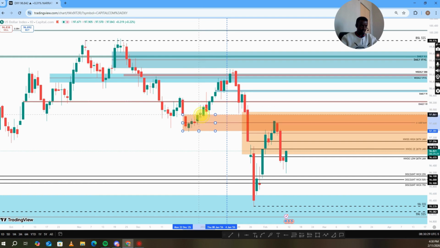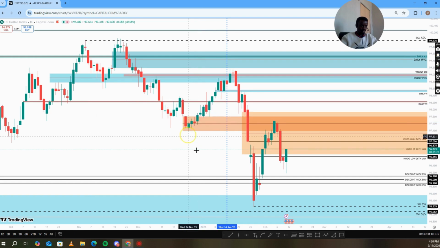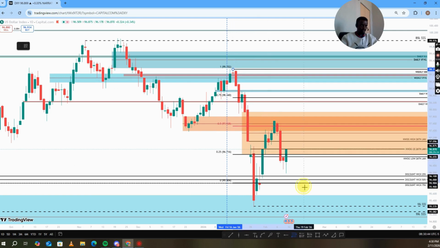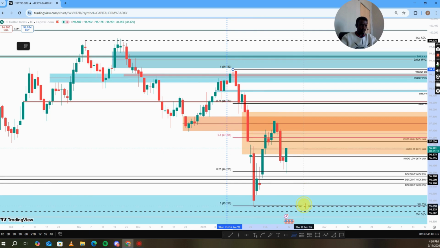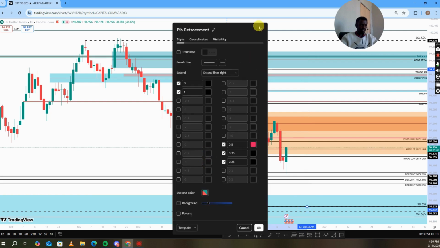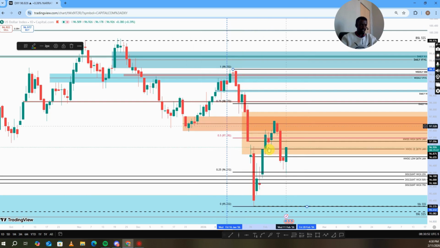This one. So it found both an imbalance and a breaker. This one. And as you can see, if we also plot our Fibonacci just to see where we are in terms of premium and discount, these were really nice premiums that price found resistance at.